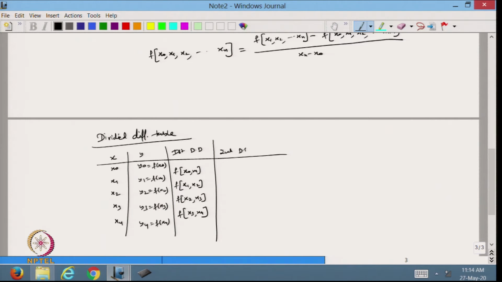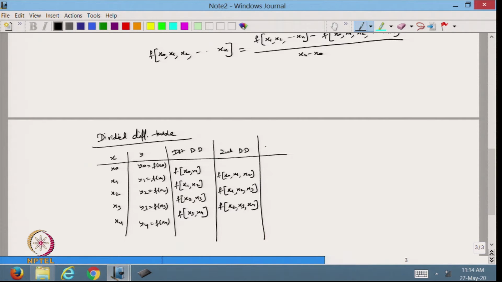The second divided difference is, from here I can write f[x0, x1, x2], this will be f[x1, x2, x3] and this will be f[x2, x3, x4].